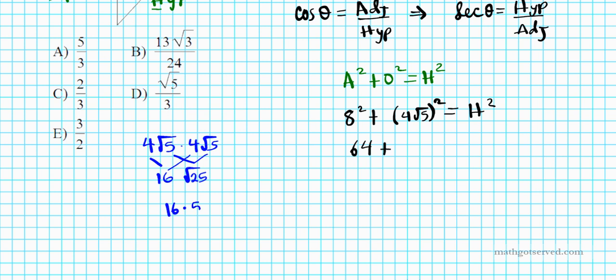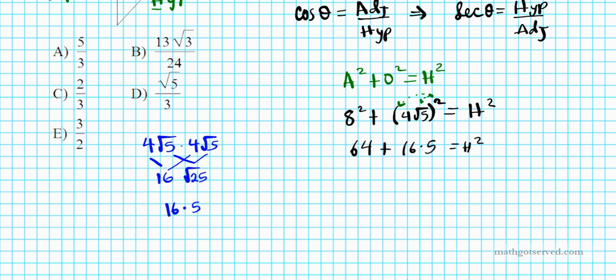Simply 5, okay? So don't forget, when you're squaring an integer times a radical, you're going to have to square the integer and then multiply by the square of the radical. That's how you do it, okay? So you end up with 16 times 5 equals h squared.